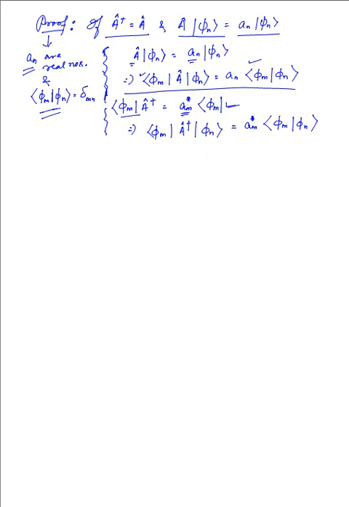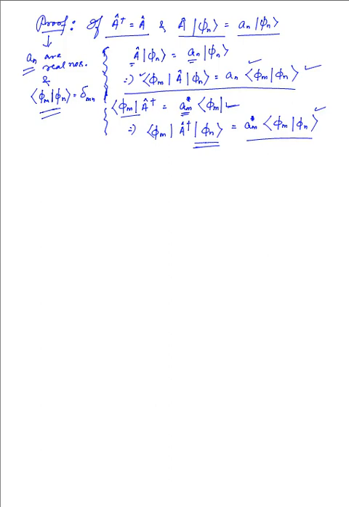Then we put the ket on the other side, and what we get is this. Now we subtract the second equation from the first equation. So what do we get?